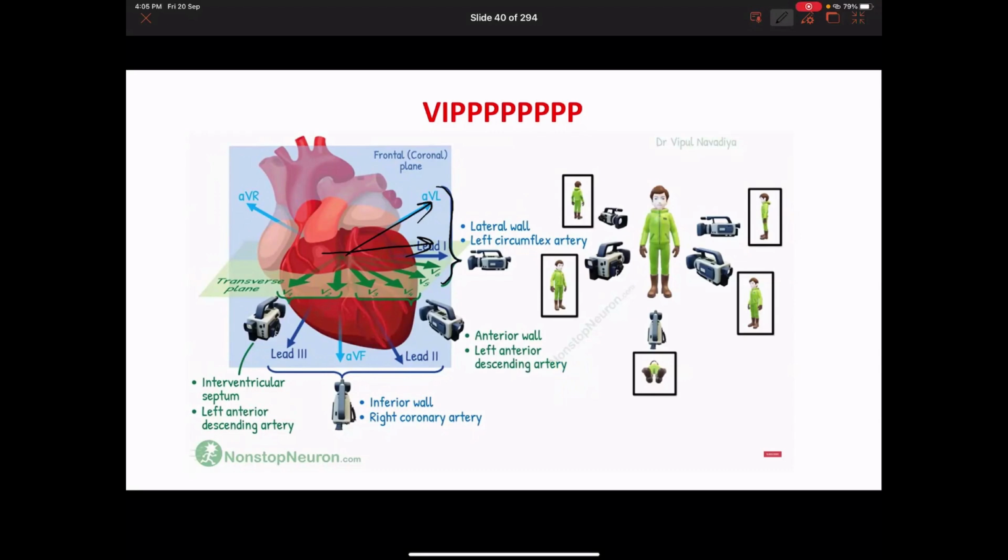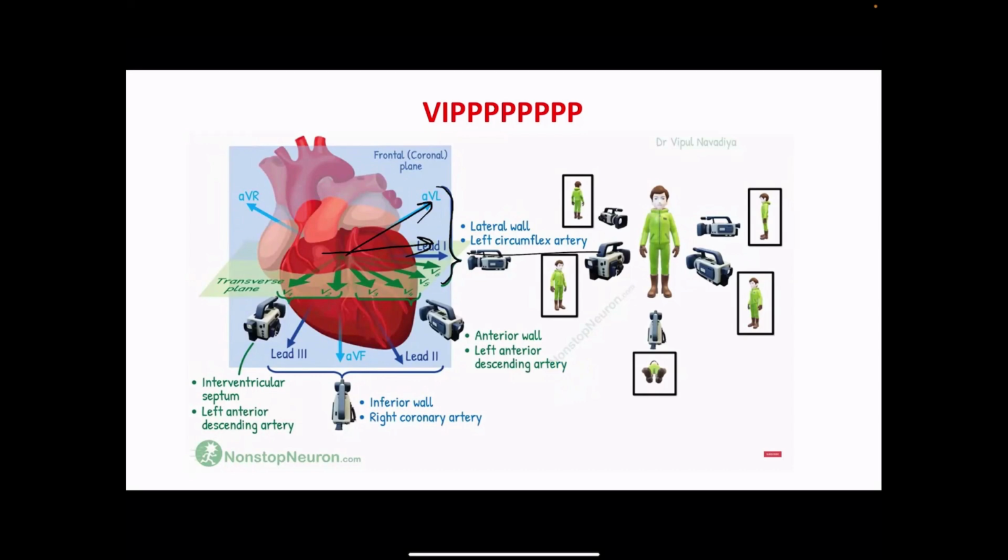So when we get to the part of the lecture about ischemic heart disease, when you see abnormality in AVL and lead 1, you immediately know that the artery the problem is happening in is the left circumflex. Why? Because AVL and lead 1 give you a really clear image of the lateral wall of the heart.